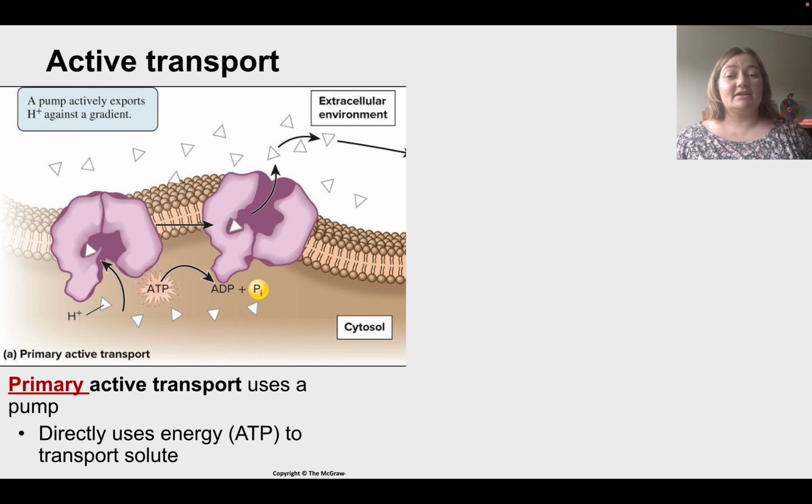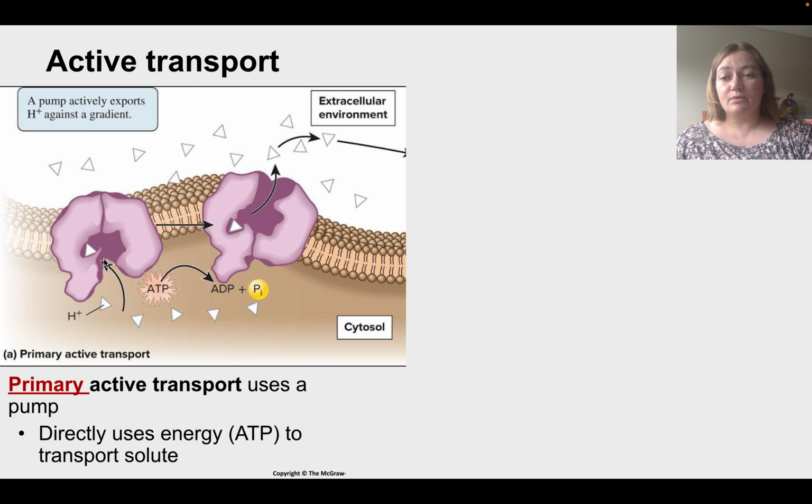If we look at primary active transport, we see, again, we have this protein that spans our plasma membrane. We have a molecule that's moving from an area of low concentration to high concentration, so moving against its gradient. And we see that we're using energy, right?